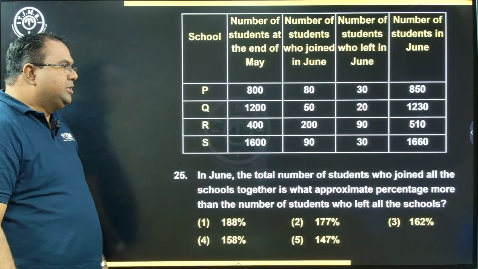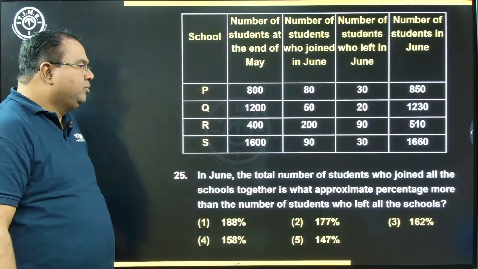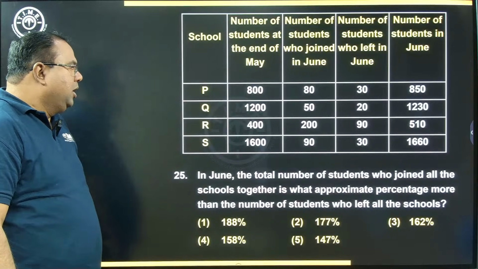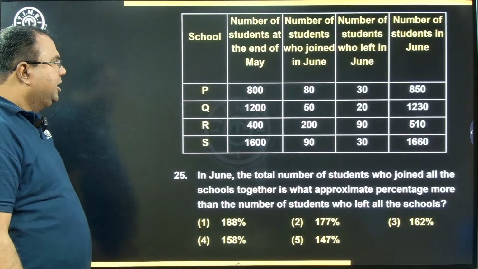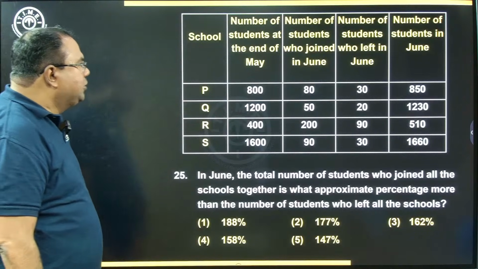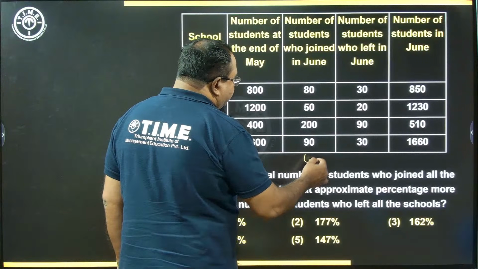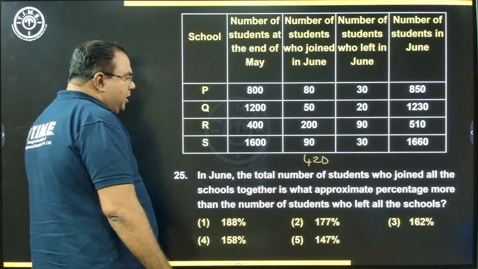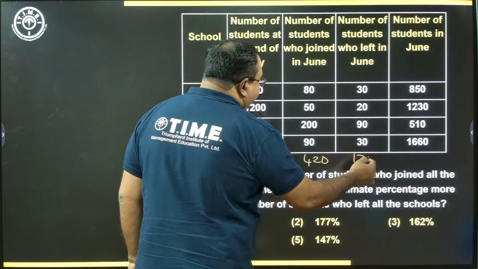Okay, final question from this particular set. Try this question, students. In June, the total number of students who joined all the schools together is approximately what percentage more than the number of students who left all the schools? Joined: 130, 220, 420. Left will be 30, 50, 80, 170.